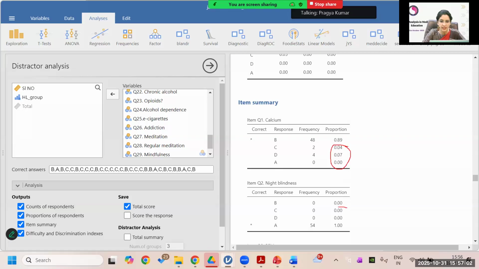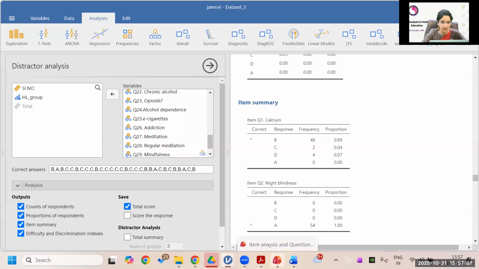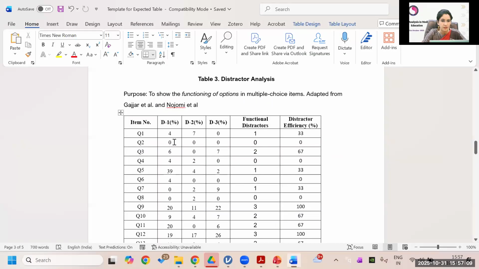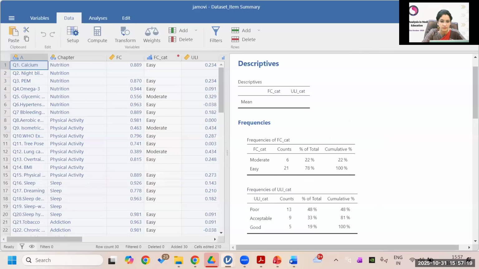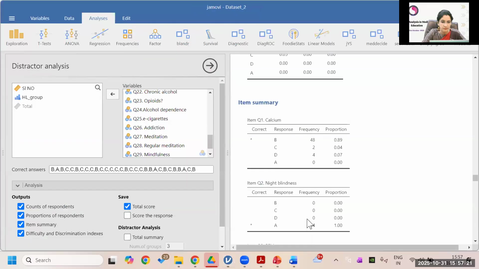Again, for the next one, sorry, it was all 0 because A was the correct option, so it is 0, 0, 0.